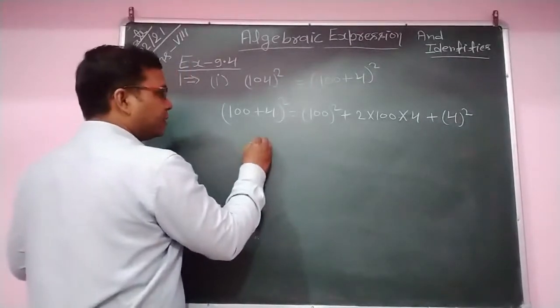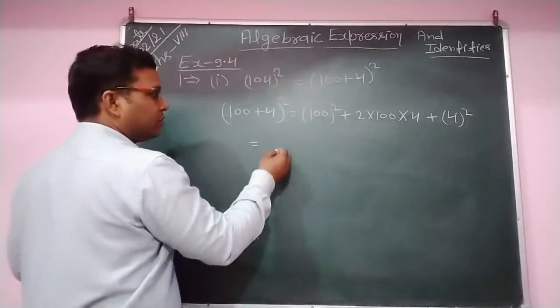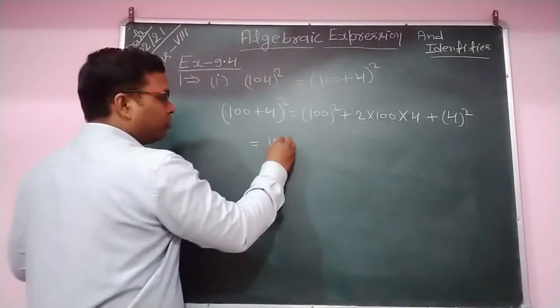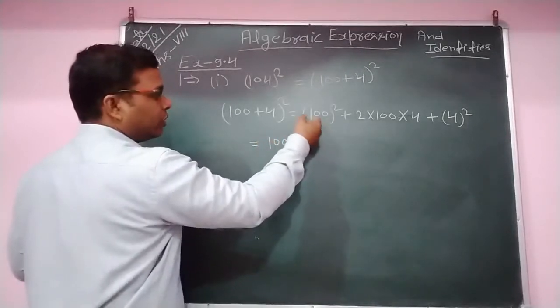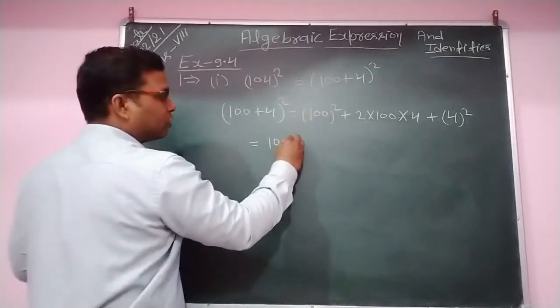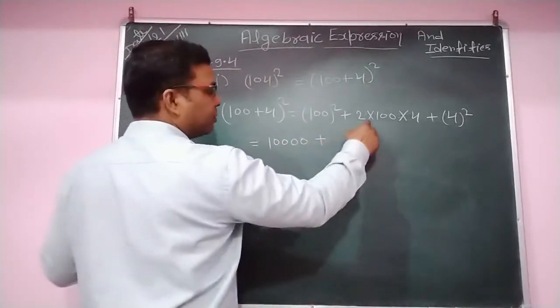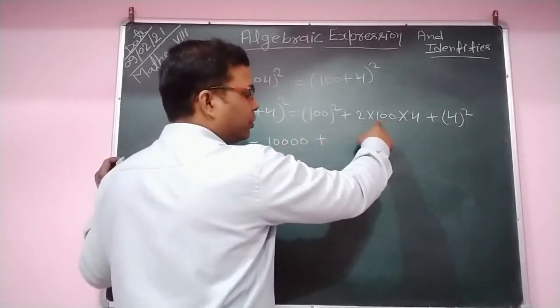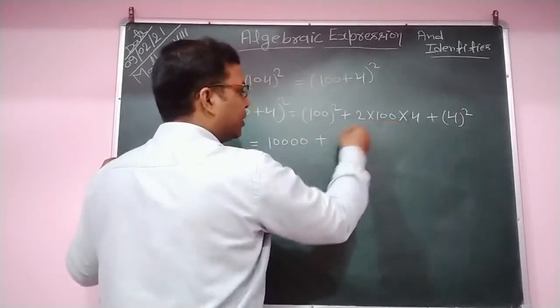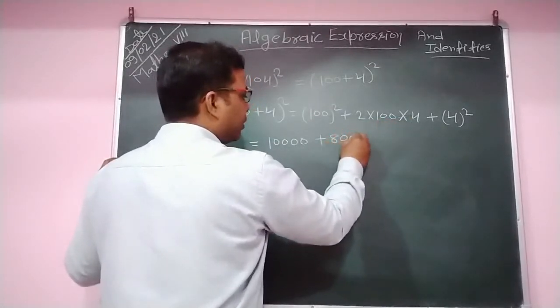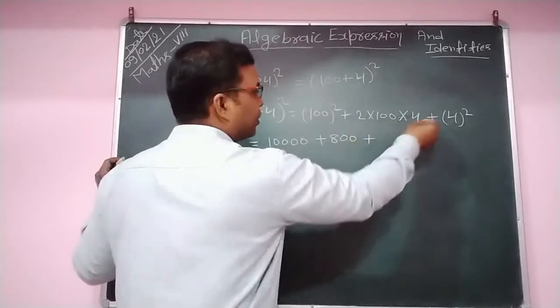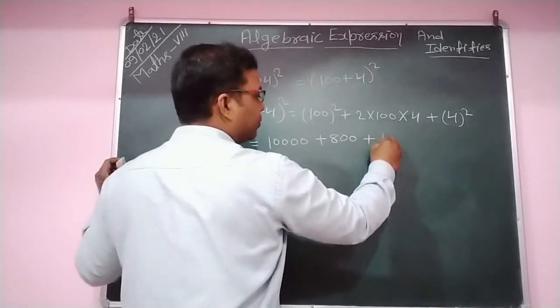The next step: square of 100 means what? You can write 1 followed by two 0s, so its square is 1 followed by four 0s, 10,000. Then 2 into 100 is 200, into 4 is 800, plus the square of 4, which is equal to 16.